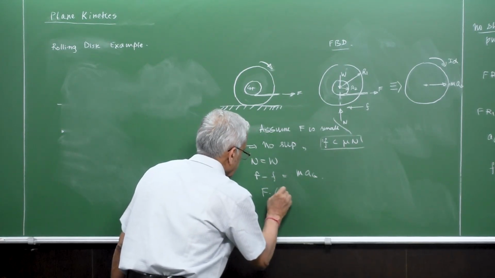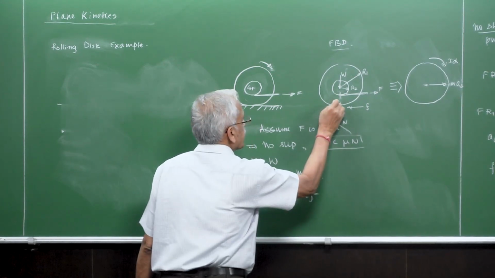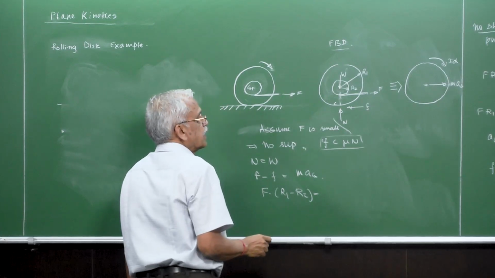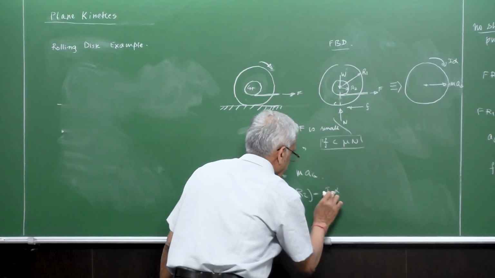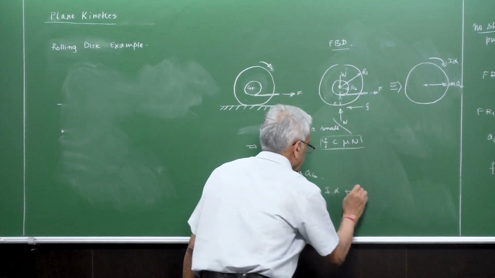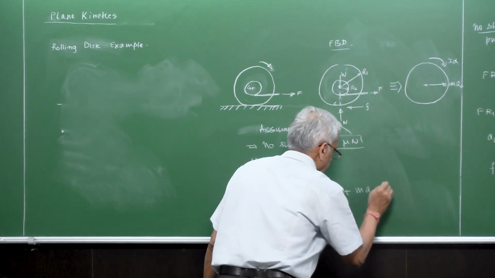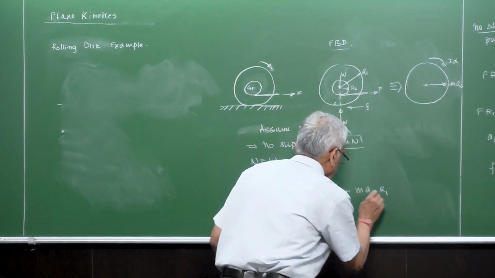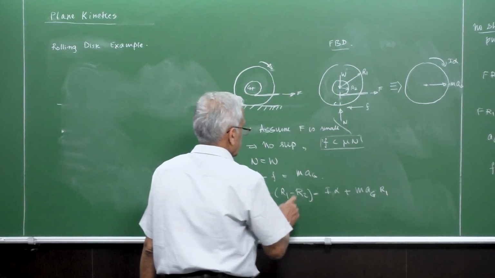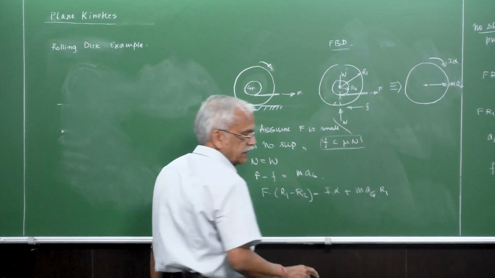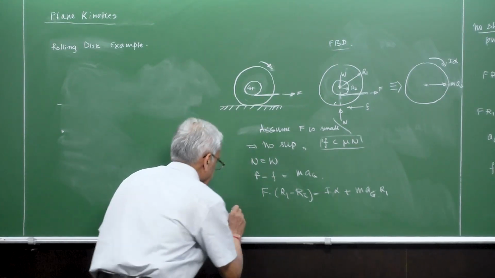F times, now it is R1 minus R2, taking the moment about point C here, is equal to I times alpha plus m a_G times R1. And of course, when there is no slip here, we can convert a_G into alpha. So no slip.